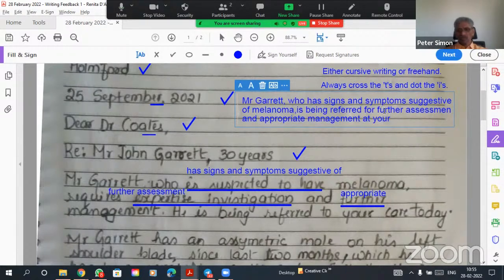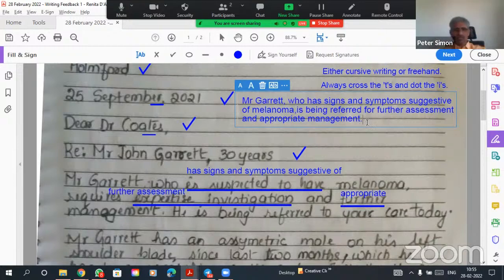So further assessment and appropriate management, you are sending him to that person, so it is understood. No need to say your care today. Okay, it is enough. So Mr. Garrett, who has signs and symptoms suggestive of melanoma, is being referred for further assessment and appropriate management. Okay, at your facility. So he's being referred.